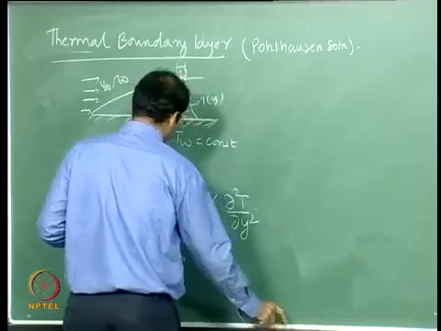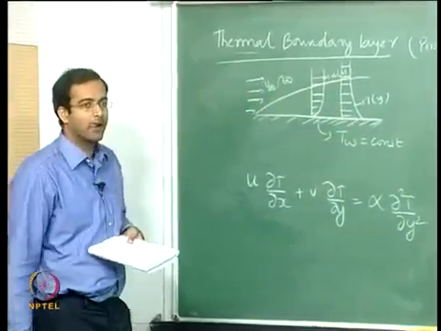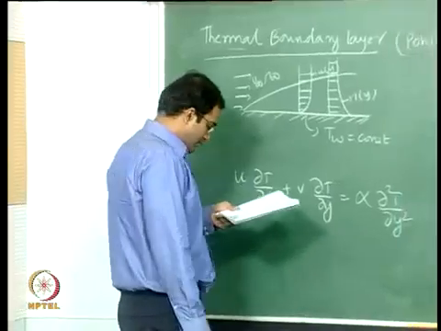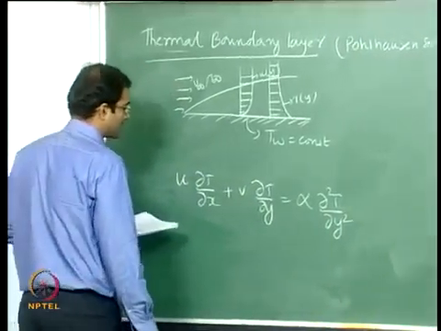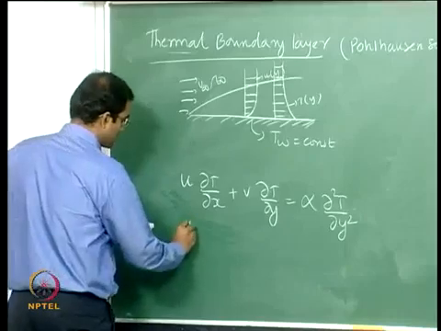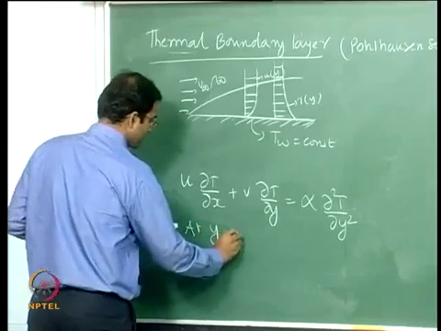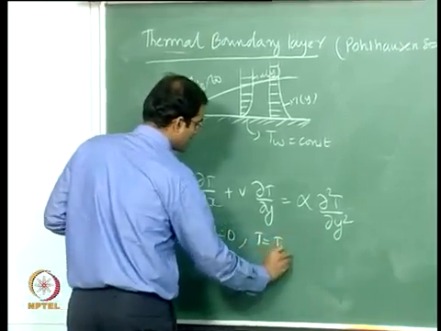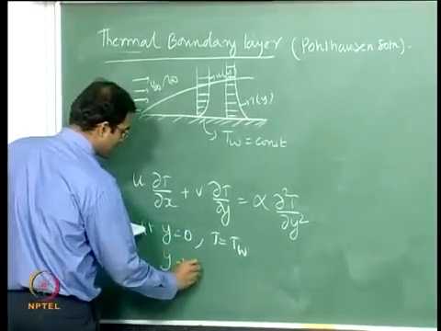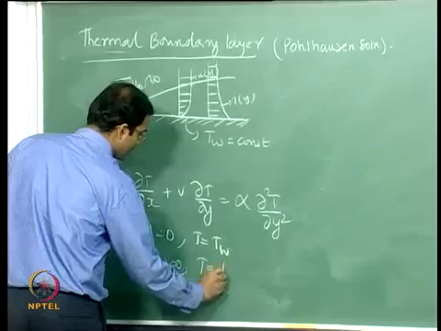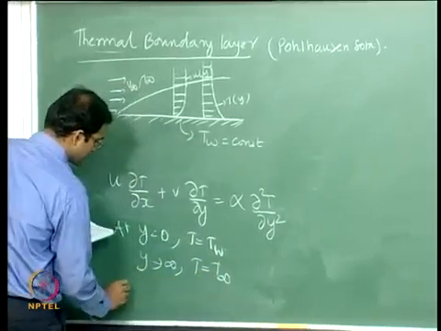Therefore it gets much more simplified. Now, what are the boundary conditions for this? At y equal to 0, T equal to T wall, and as y goes to infinity, T goes to T infinity, and at x equal to 0.